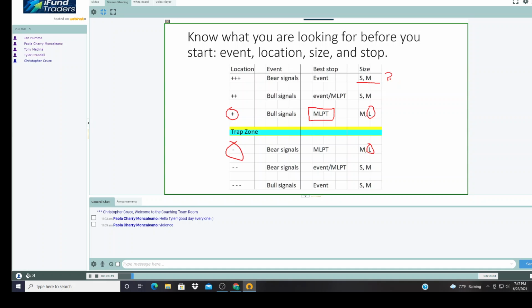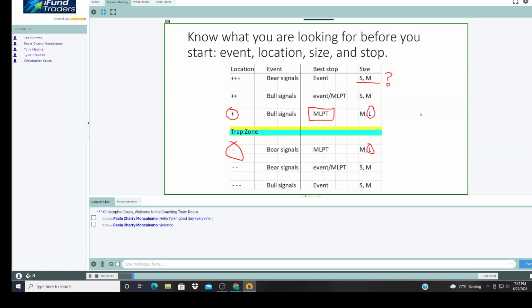What percentage of a max loss per trade would be a small or a medium-sized trade? If your max loss per trade is $150, maybe medium is 80 and small is 60, right? But you need to have that amount, and it just keeps you out of trouble.